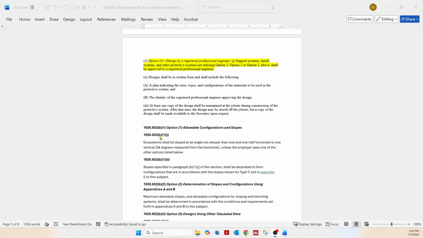So B1 is right here. Excavations shall be sloped at an angle not steeper than 1 1/2 horizontal. That's a 1 1/2 to 1 slope. That's a Class C soil or something like that. So that's what those B1s, B2s, B3s, B4s are telling you, how to slope it.